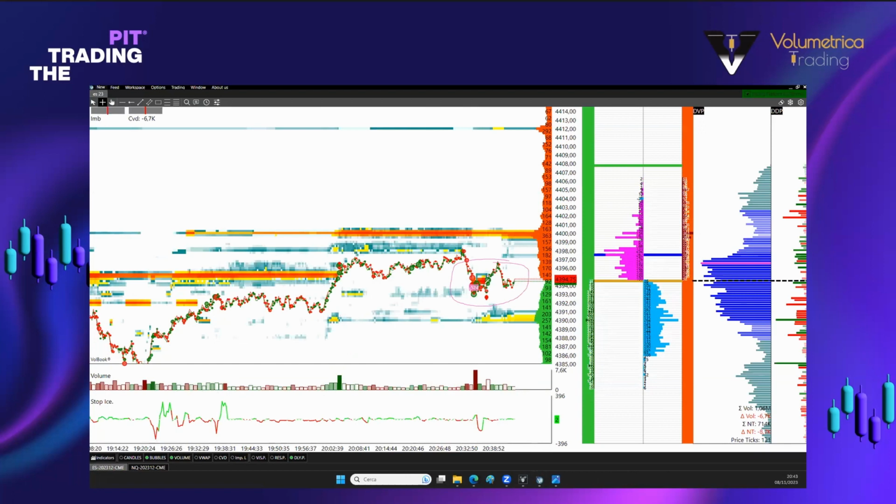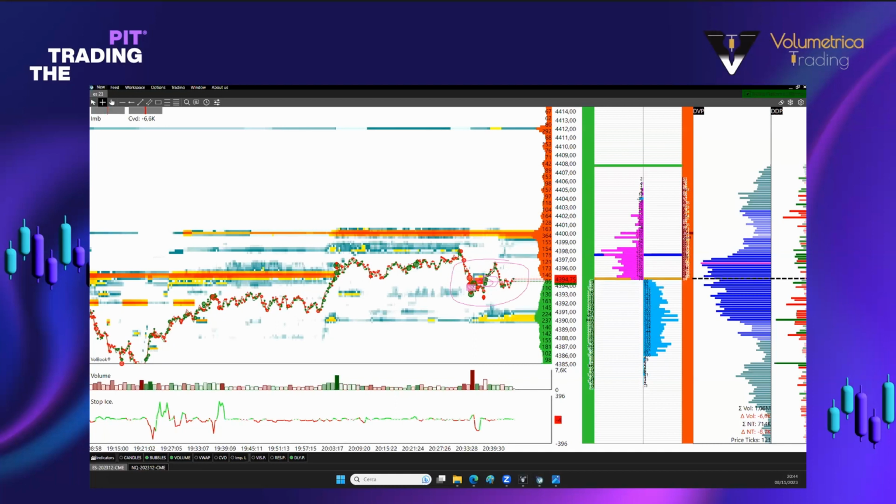When we have strong green bubbles, big green bubbles, that means that over that price we had a relevant amount of volume being traded. The size of the bubble shows the volume being involved, and the color, that's the dominant delta.